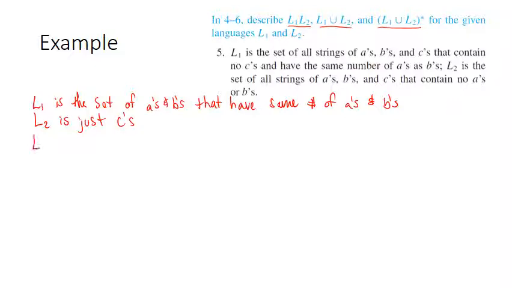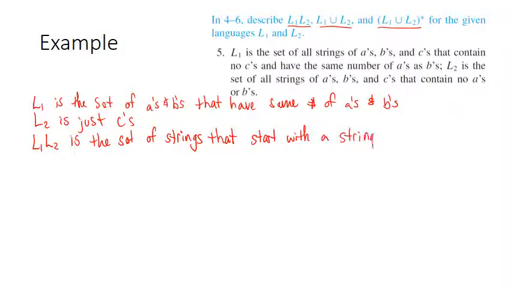Okay, so for L1 L2, we're only putting things from L1 in the front, and then we're putting things from L2 in the back. So this is going to be the set of strings that start with a string of A's and B's where there are the same number of A's and B's.